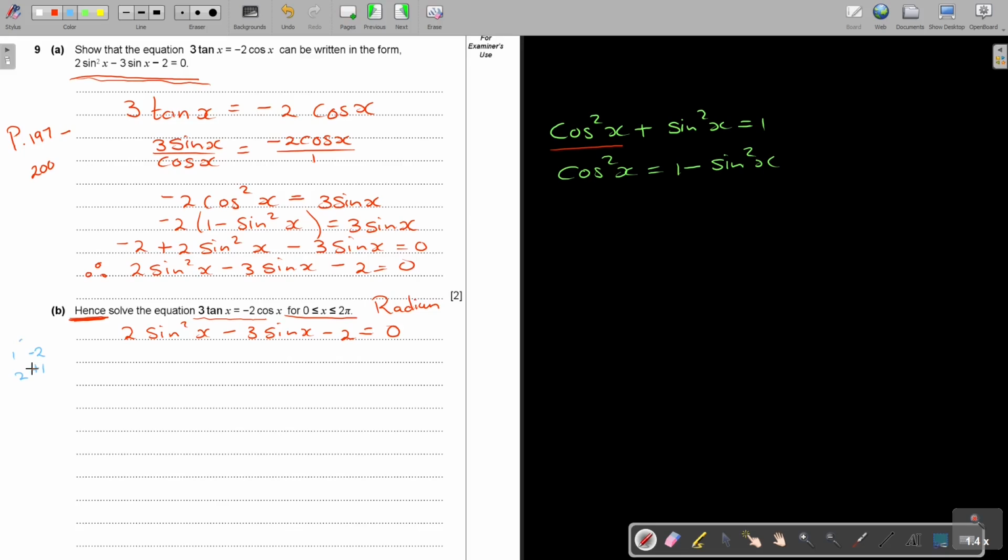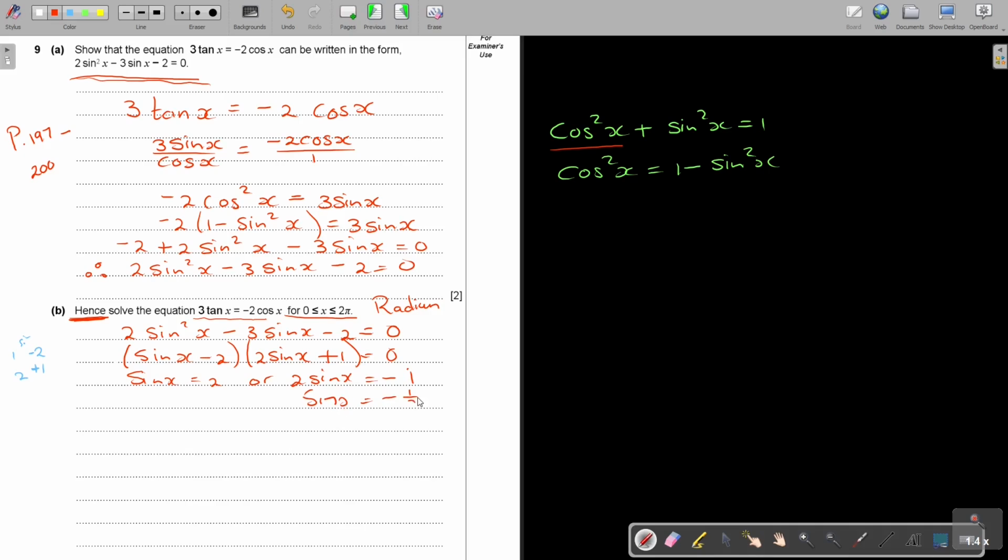And then this is sin x. So I'm going to get sin x minus 2 and 2 sin x plus 1, and that's equal to 0. So I have sin x is equal to 2, or 2 sin x is equal to negative 1.